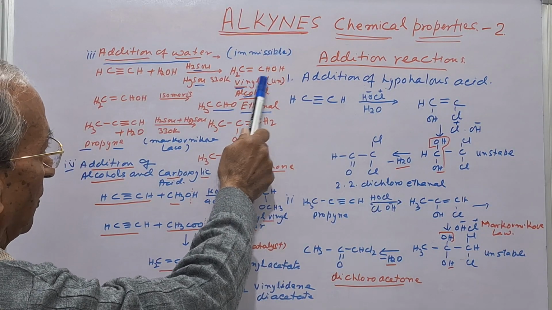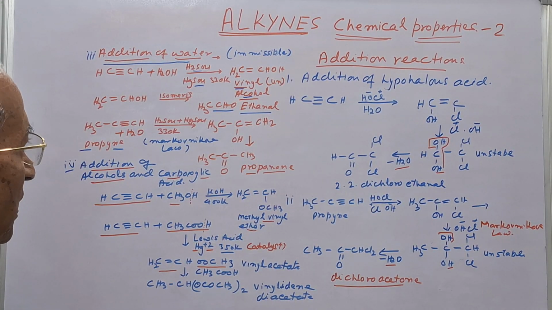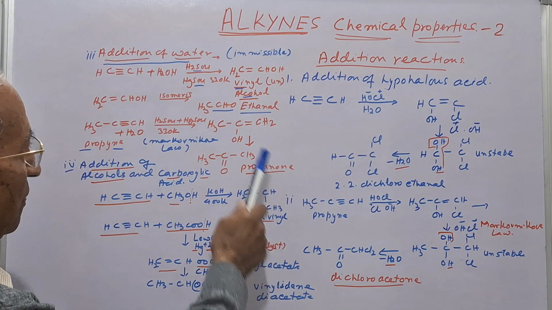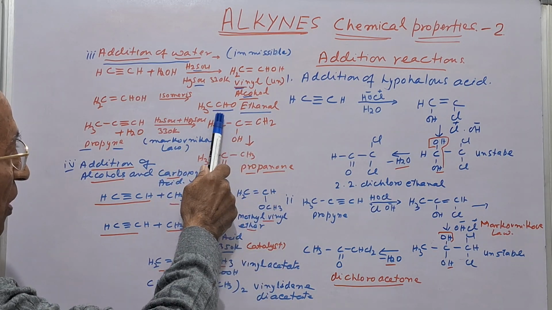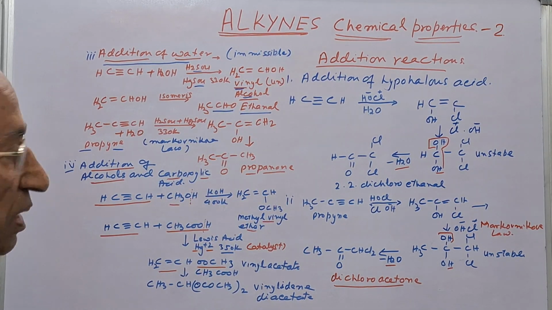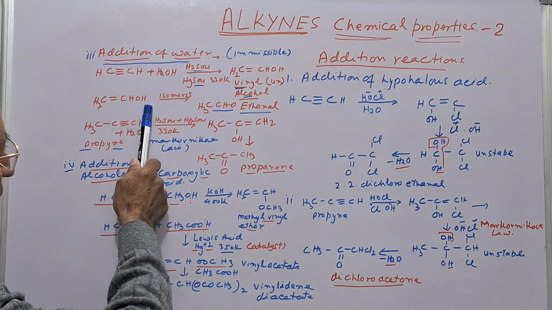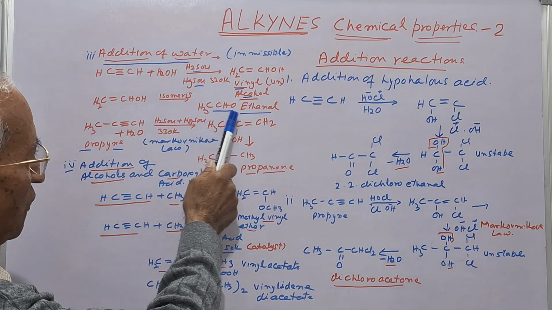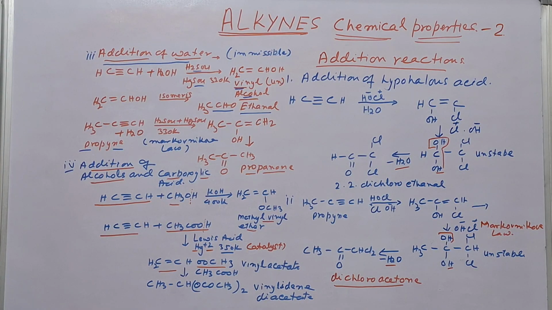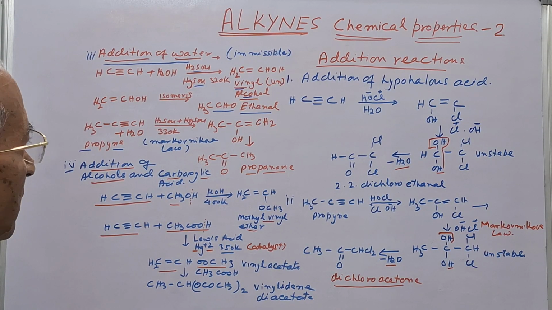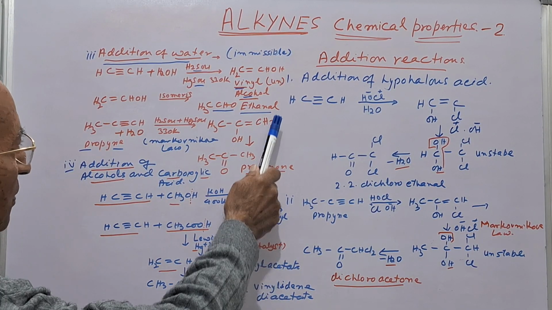Now CH2=CHOH, that is vinyl alcohol, isomerizes to form the ethanal. So addition of water to ethyne forms ethanal.